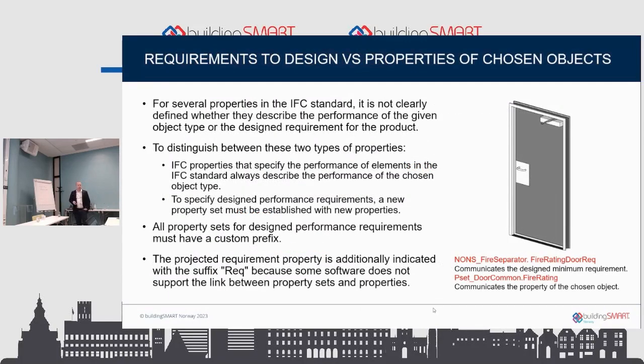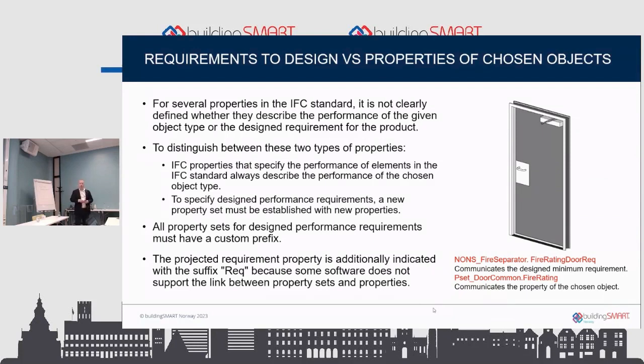Now we have that, we also see that IFC is not really very good at dividing between whether the property describes the designed requirement, which is the minimum value this product should have for the building to function, or the property of the chosen object or product by the contractor or the designer, because there may be a difference.